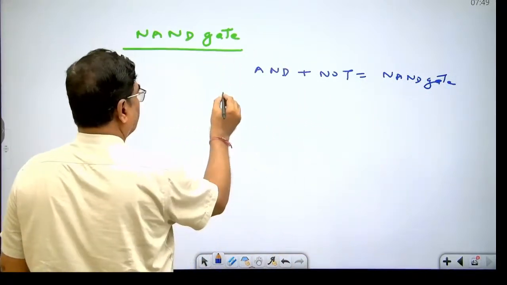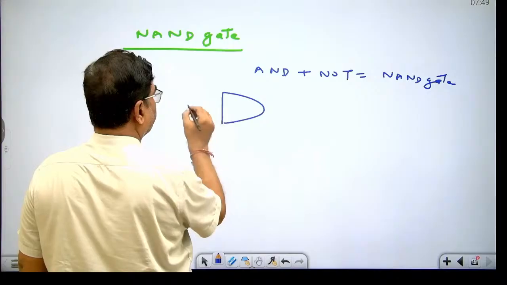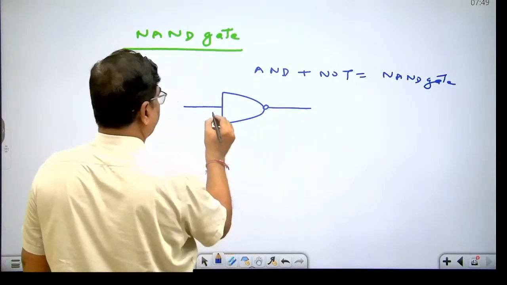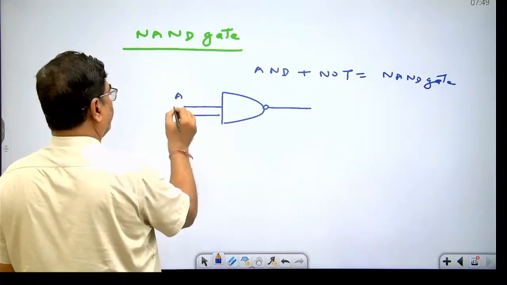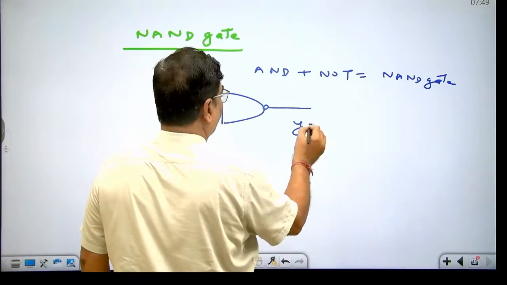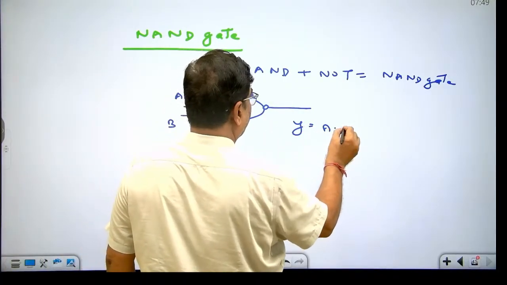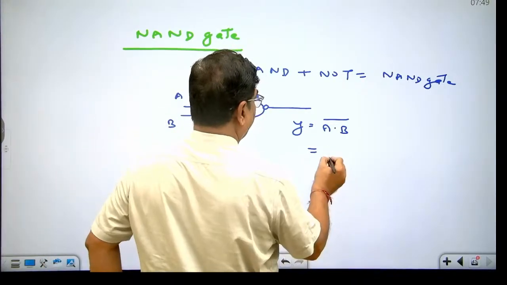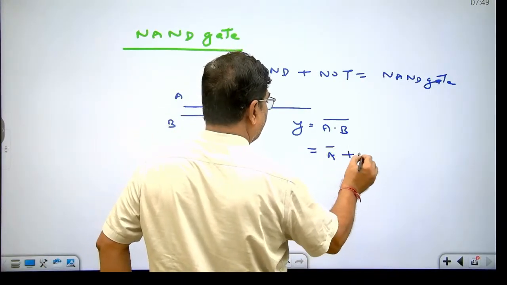Very simple. This is the AND gate. Right here, this is the NAND gate. Here two inputs and the Boolean expression for the NAND gate is (A dot B) bar. From De Morgan's theorem, you can write this as A bar plus B bar also.